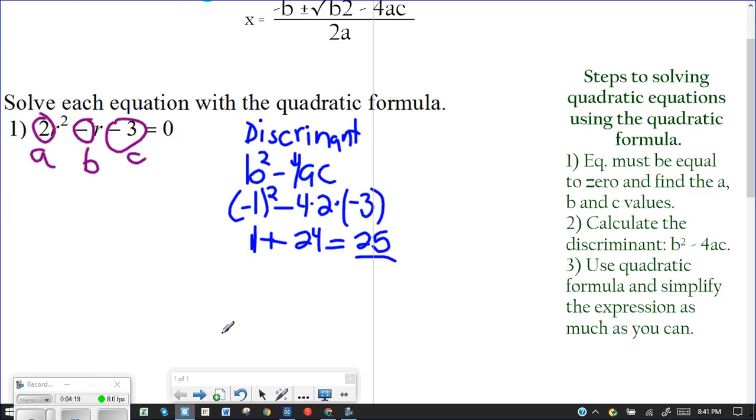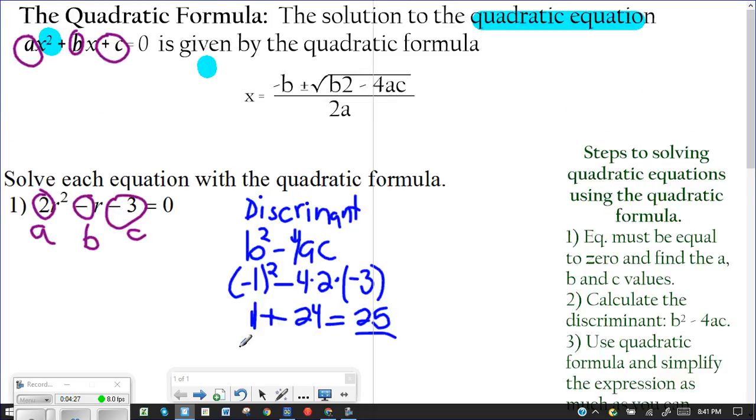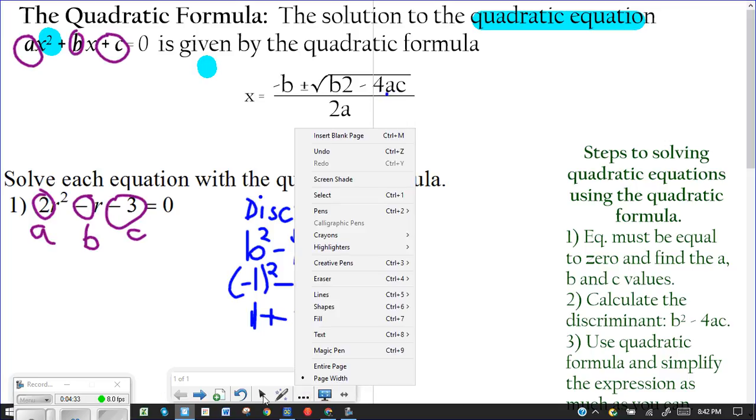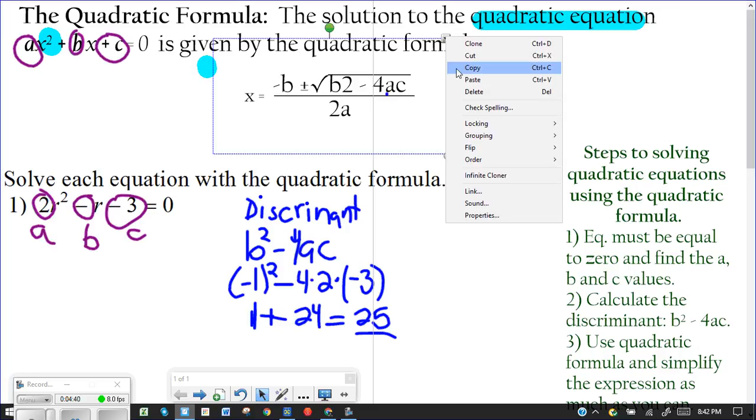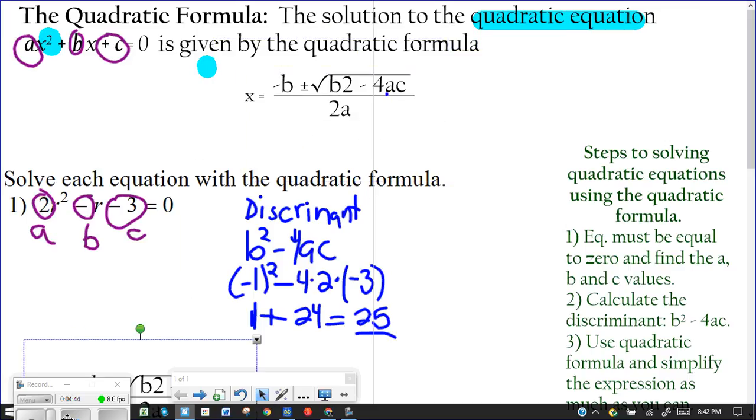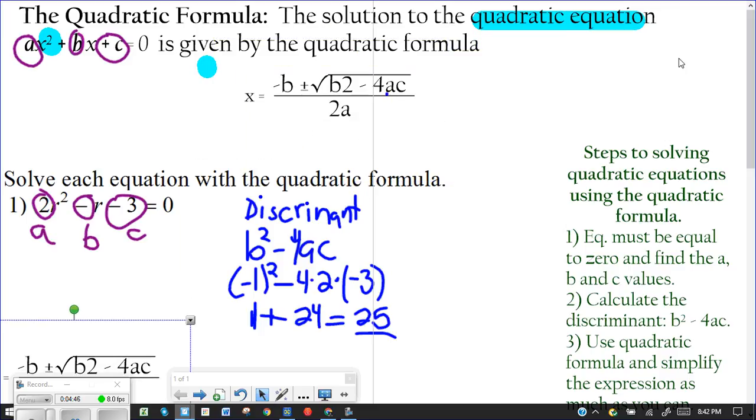So the quadratic formula will be the following. That way, instead of writing it all over again, I'm just going to copy it. So my next step is using the quadratic formula.